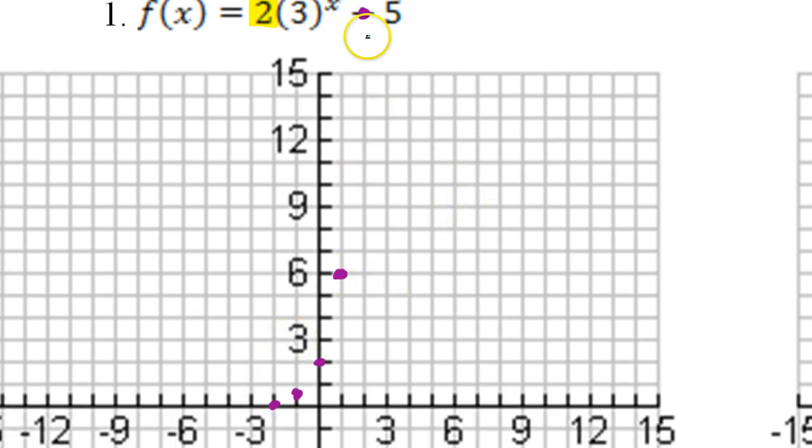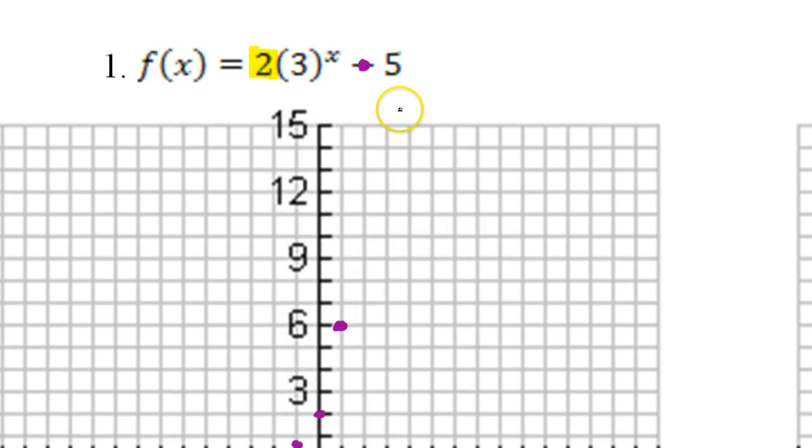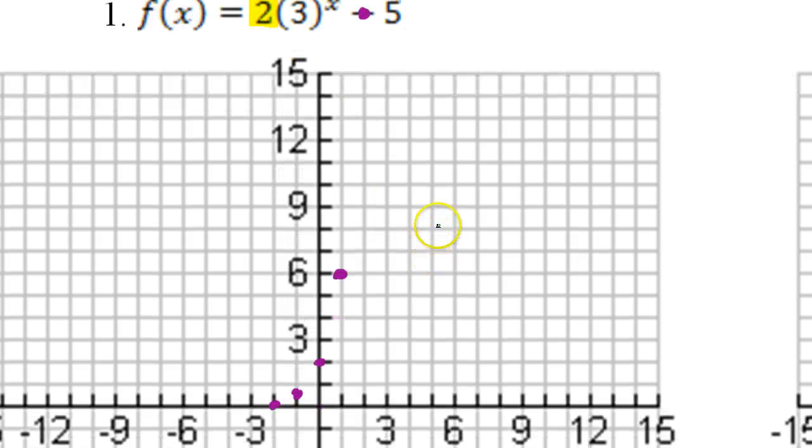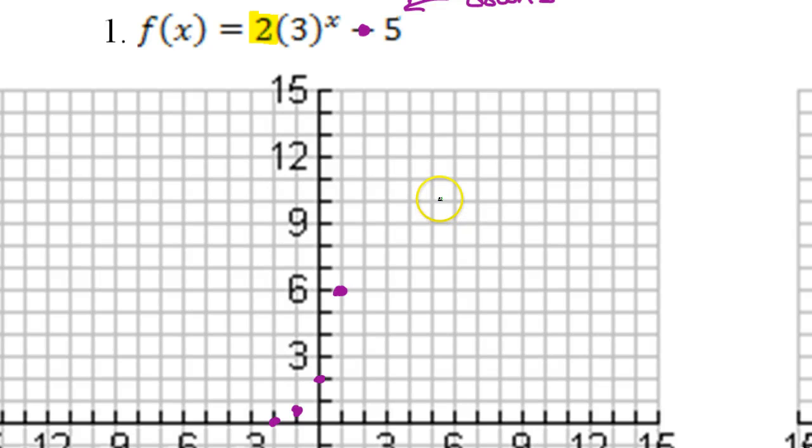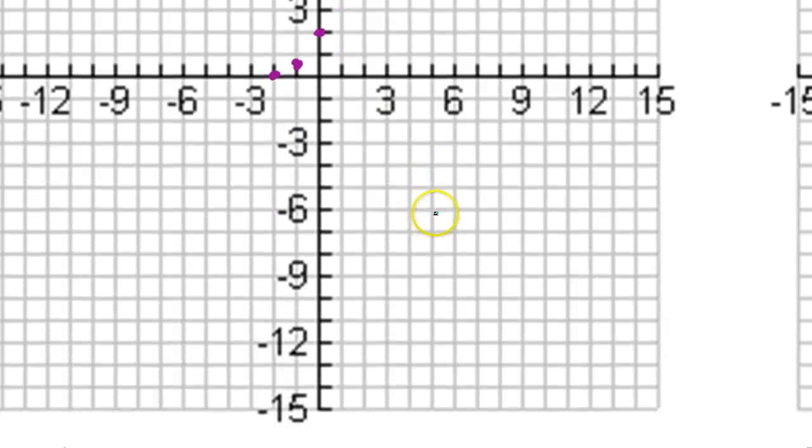Okay, do not connect these dots. This is just our skeleton. We still have to do the shift. This -5, which unfortunately there's a dot right on it, but this -5 is going to be a translation down 5. Alright, and there's no other shifting happening. So we need to take these 5 dots and move them all down 5. Okay, so if I do that, those will be my real points.